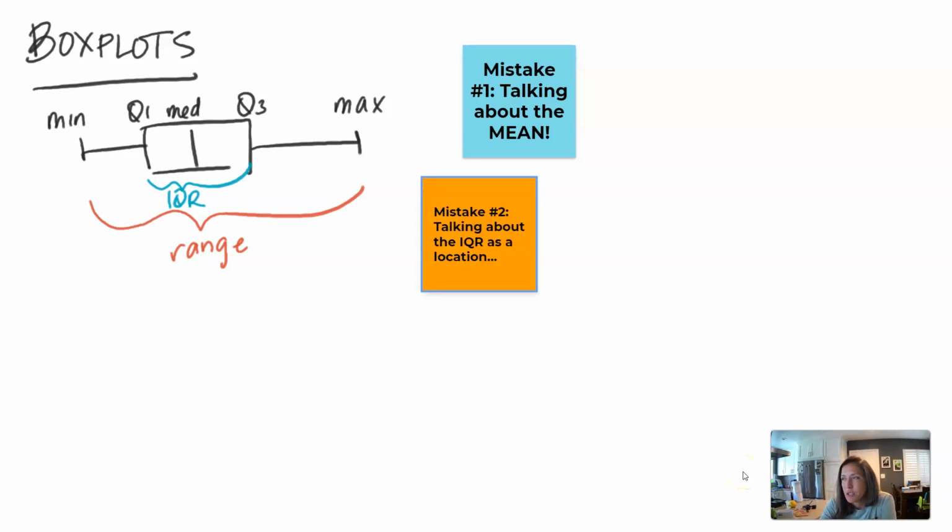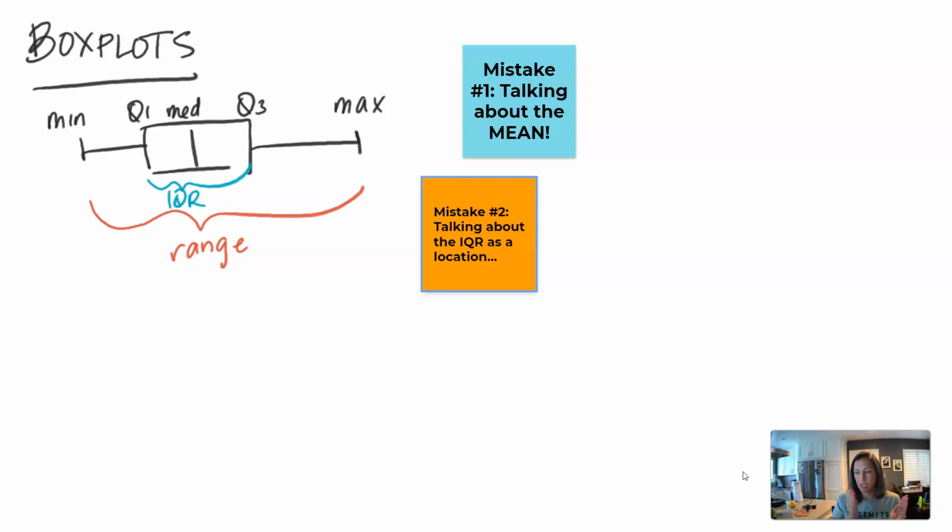Mistake number two is talking about the IQR as a location. I know that sounds weird, but again, thinking towards that final project, I had a lot of students that, when I asked them what about the box plot led you to a certain conclusion, would say the IQR for this group was larger than the IQR for the other group, or was higher than. And what they meant was the entire box, right?